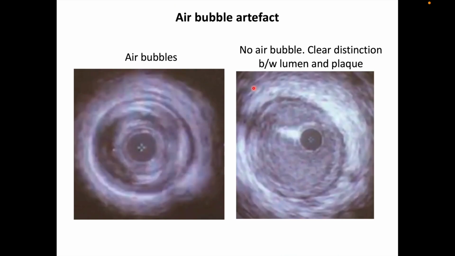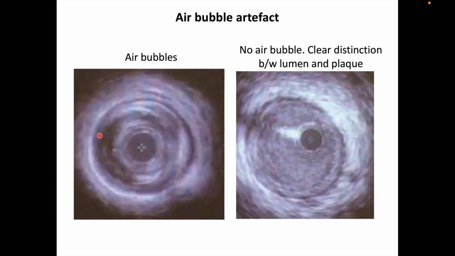Then the next is air bubble artifacts. Air bubble artifacts are the areas where you may not see any image because of the air bubble present in the catheter. This again happens with the Boston rotatory catheter, because these are the ones in which you have to do flushing and remove these air bubbles.